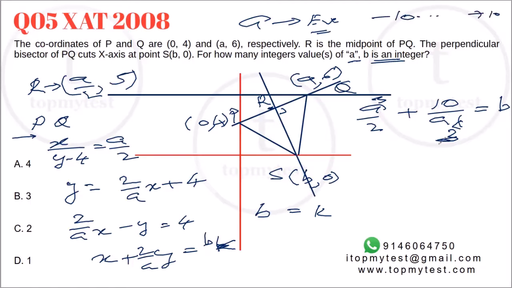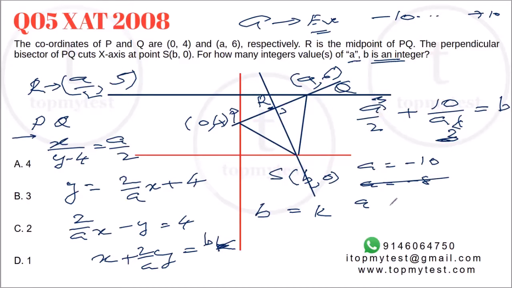So let's put some values and check. If I put a equal to minus 10, will it satisfy? Minus 5 plus 1, yes, b will be an integer. If I put a equal to minus 8, 10 by 8 will be a fraction. If I put minus 6, that will also be a problem. If I put minus 4, 10 by 4 is 5 by 2, a fraction, so it will not satisfy.